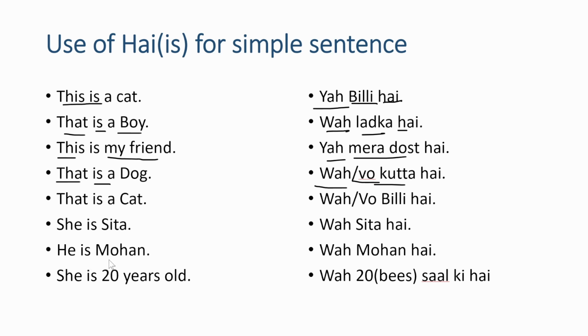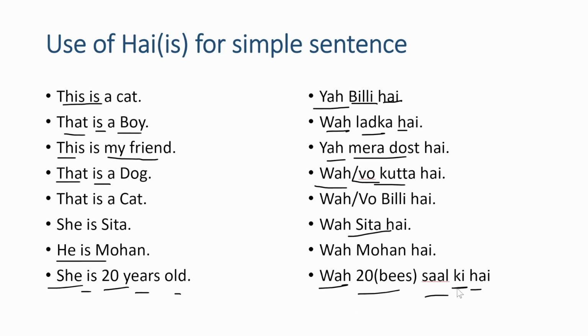He is मोहन, वह मोहन है. Please repeat with me. She is 20 years old: she means वह, 20 साल की है, so वह 20 साल की है.